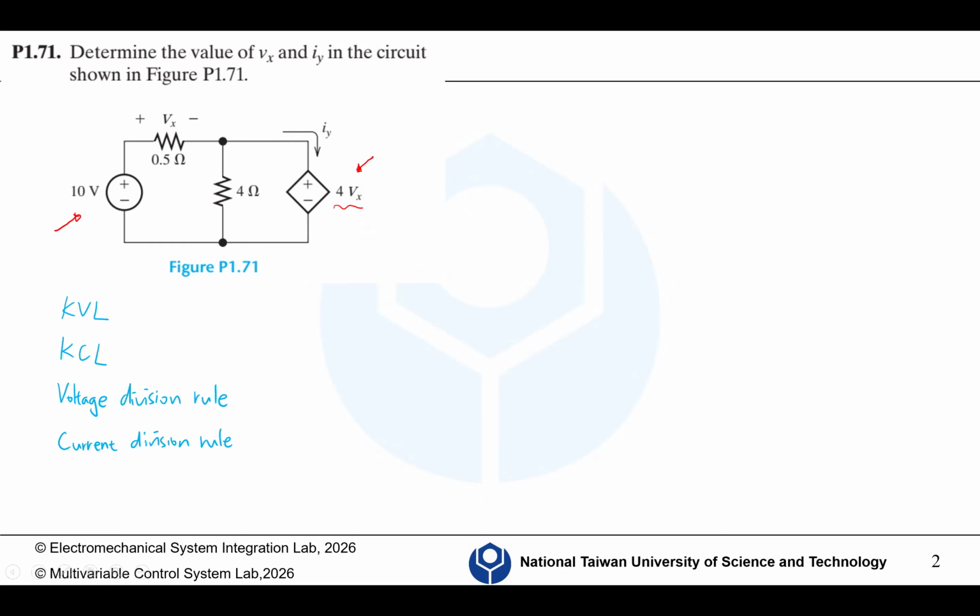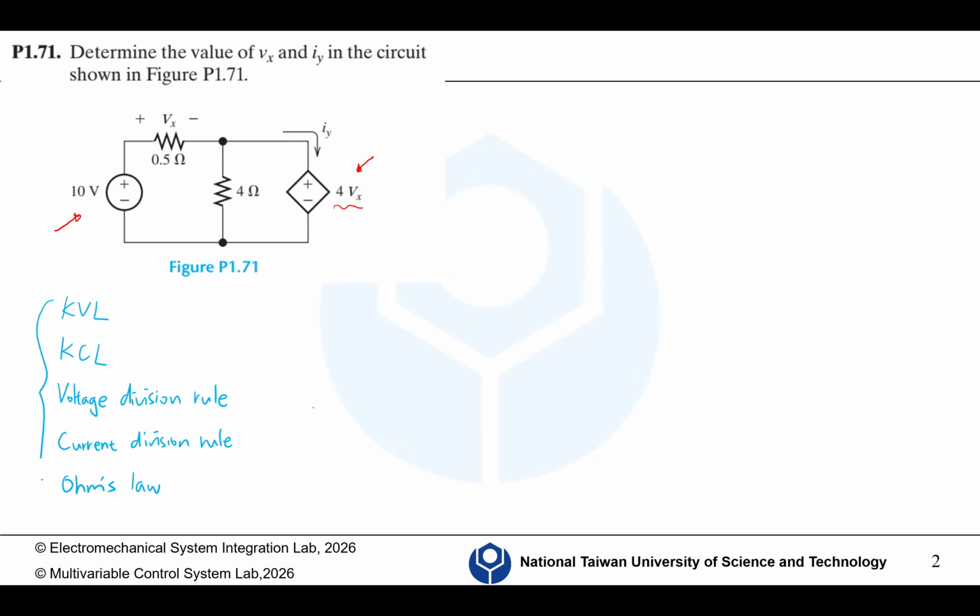So we have a formula to calculate the current. If resistors are in parallel, then you can always resort to that formula to divide the current. And we also have Ohm's law. And pretty much it.